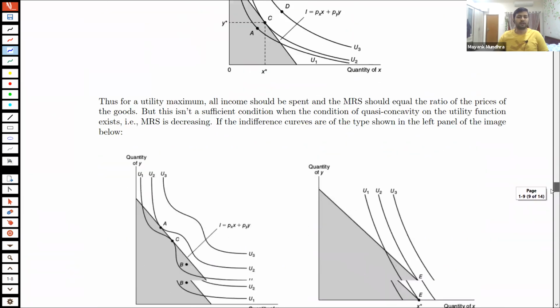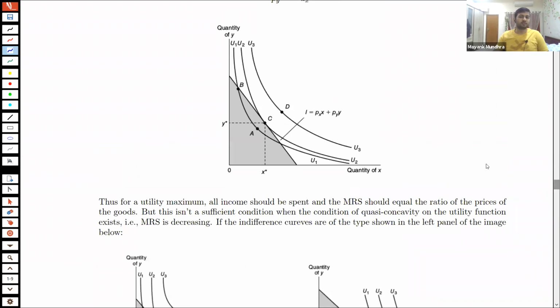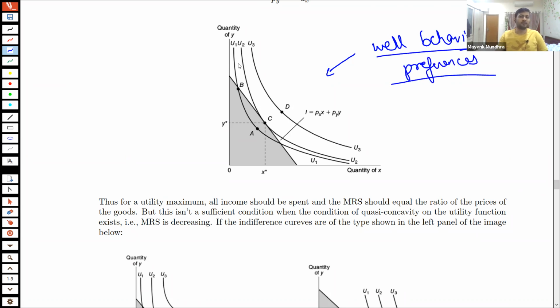And now there are going to be situations where, so this is the ideal case. This is the well-behaved preferences. So what are well-behaving preferences? Well-behaving preferences are preferences which are convex, and they go from positive infinity slope to zero slope.